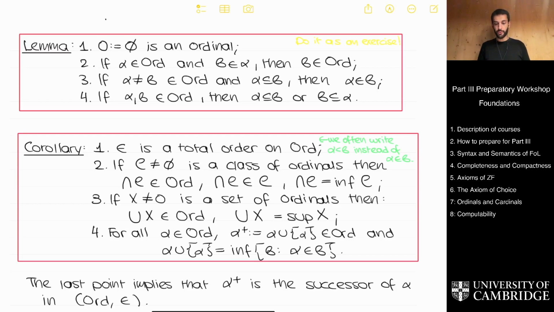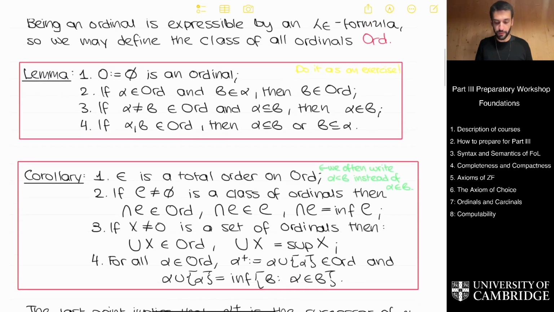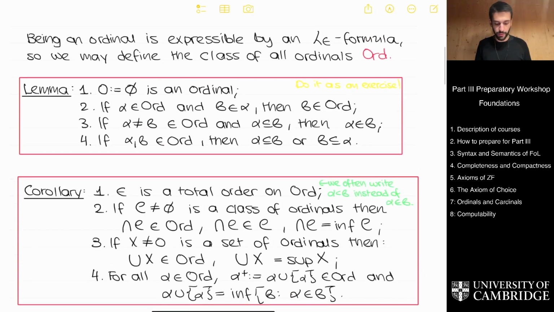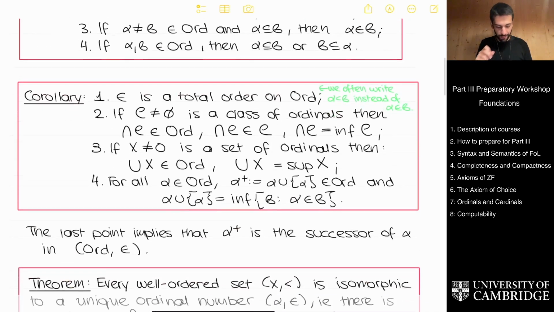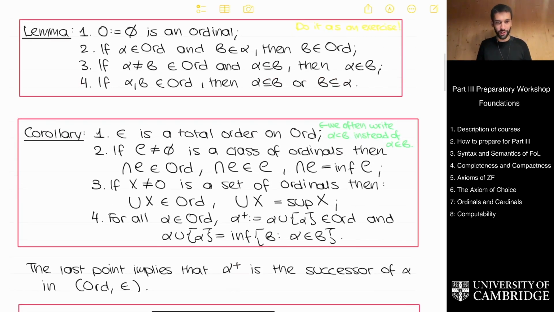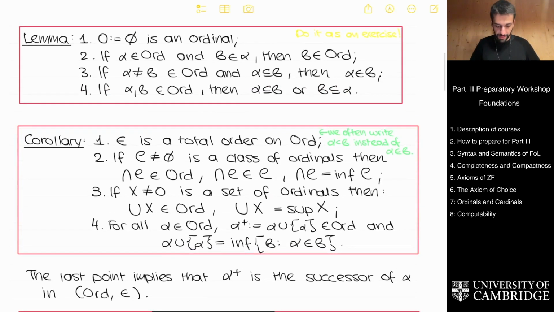Okay, so these are very important facts, but they can be shown very easily just from the definitions, so I would recommend doing this as an exercise. And I will recommend doing the corollary as an exercise as well, which says the following. Assuming we've shown the lemma, it is clear that epsilon is a total order on the class of ordinals.